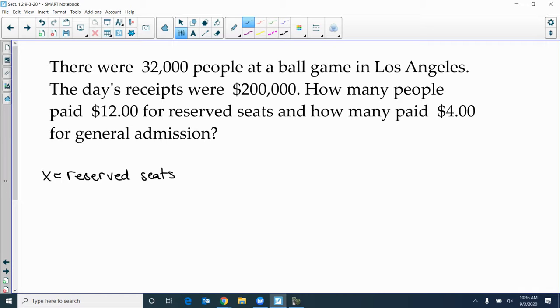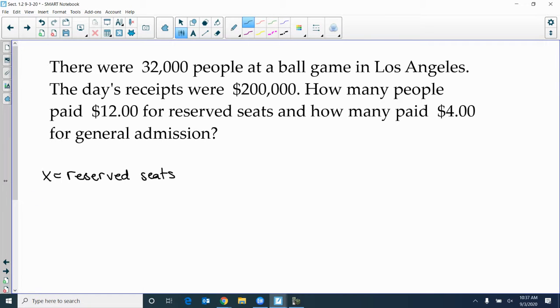So the number of reserved seats plus the number of general admission has to equal 32,000. We'll isolate the G. What does G have to equal? Just do what with the X? Subtract it. So the number of general admission seats has to equal 32,000 minus X. And so we're going to use that to represent the general admission, so that way everything's in terms of the same variable. I don't have to introduce a second variable.